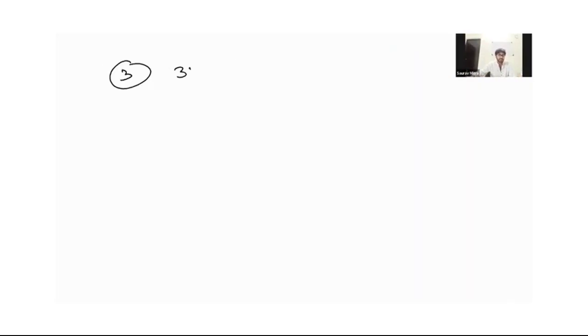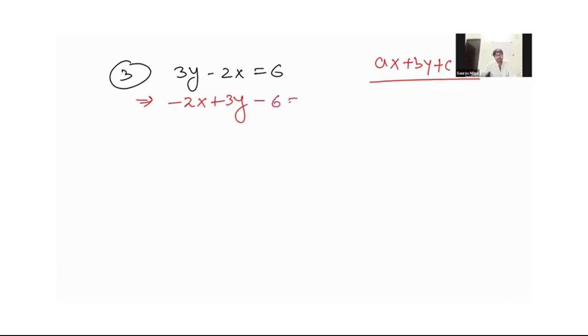If you have 3y minus 2x equals 6, since we know that ax plus by plus c is the standard form, we should write our x term first, then the y term second, and minus 6 as 0.